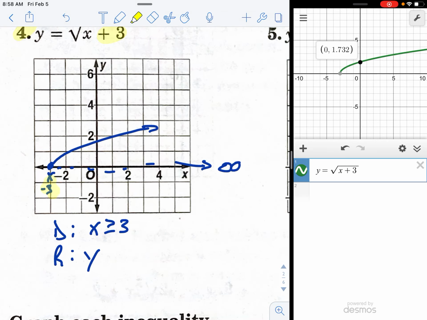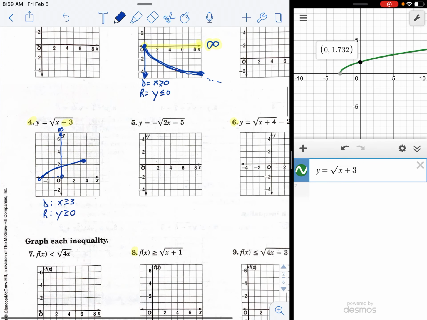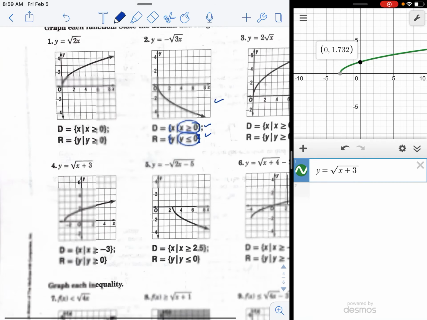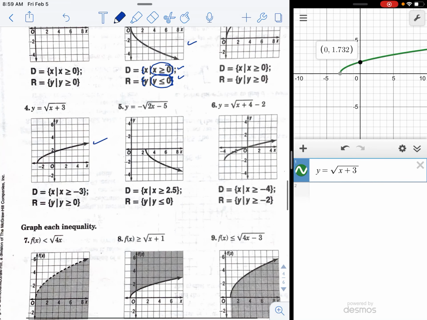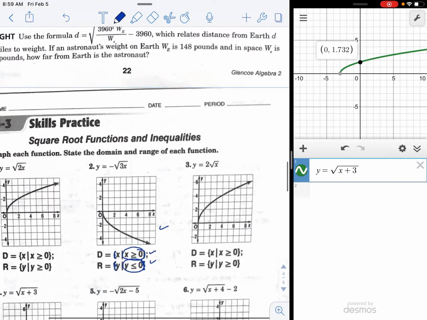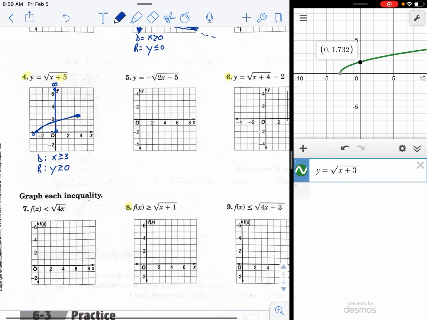As far as the range, which is the y values, this graph starts at 0 in terms of the y-axis, and then it goes up forever. So that would be y is greater than or equal to 0. It starts at 0 and then goes upwards forever. So that's what I plan or hope to see on the answer key for number 4. Graph looks good, domain and range. All right, so you get an idea how this is.